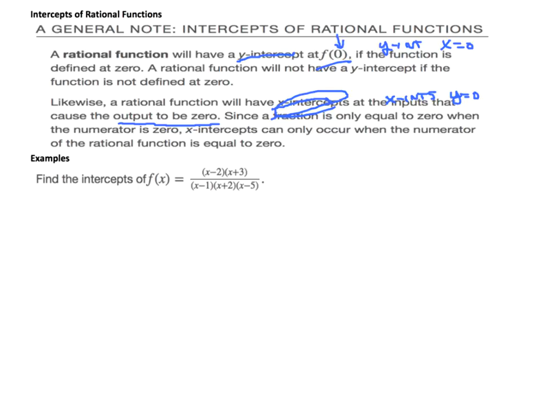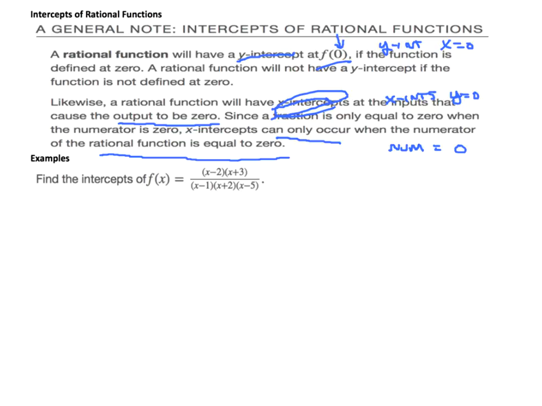And so they make the other statement about x-intercepts, that they can only occur when the numerator of the rational function is equal to 0. So that's how we find x-intercepts. We set the numerator equal to 0, because remember, if the denominator is equal to 0, that's undefined.